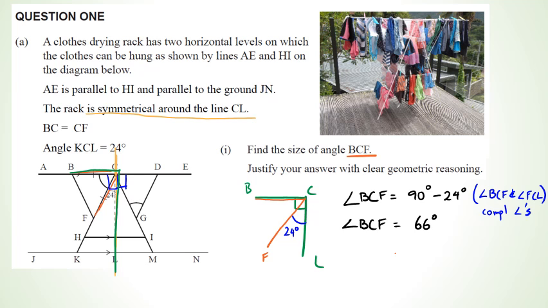So that's one reason you could give. The other reason you could have given is angles in a straight line, because you had that other 90 degrees. So remember that this part was also 90 degrees. So you could have gone 180 minus 90 minus 24 to give you that 66 as well.